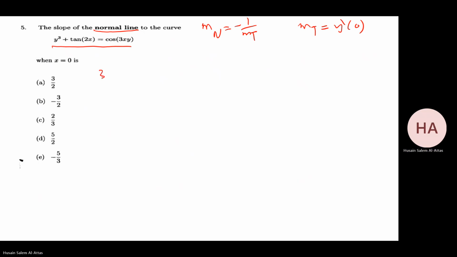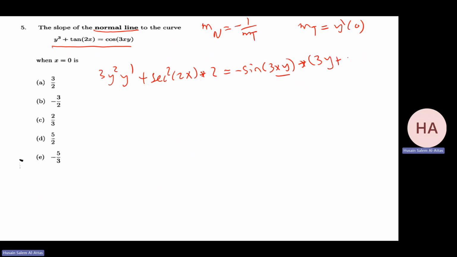What you'll get: 3y squared y prime plus secant squared 2x times 2 equals minus sine 3xy times the derivative of this, which is 3y plus 3xy prime. He doesn't give me y, but I can get y. Why? Because I plug x equals 0 there. So x equals 0, I will get y cubed and 0, which is 0.